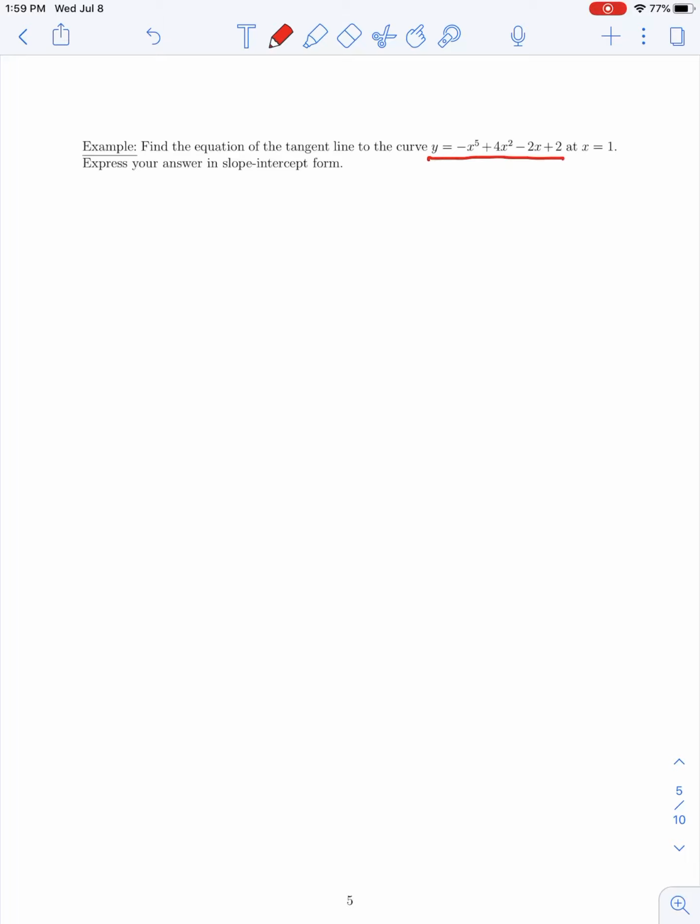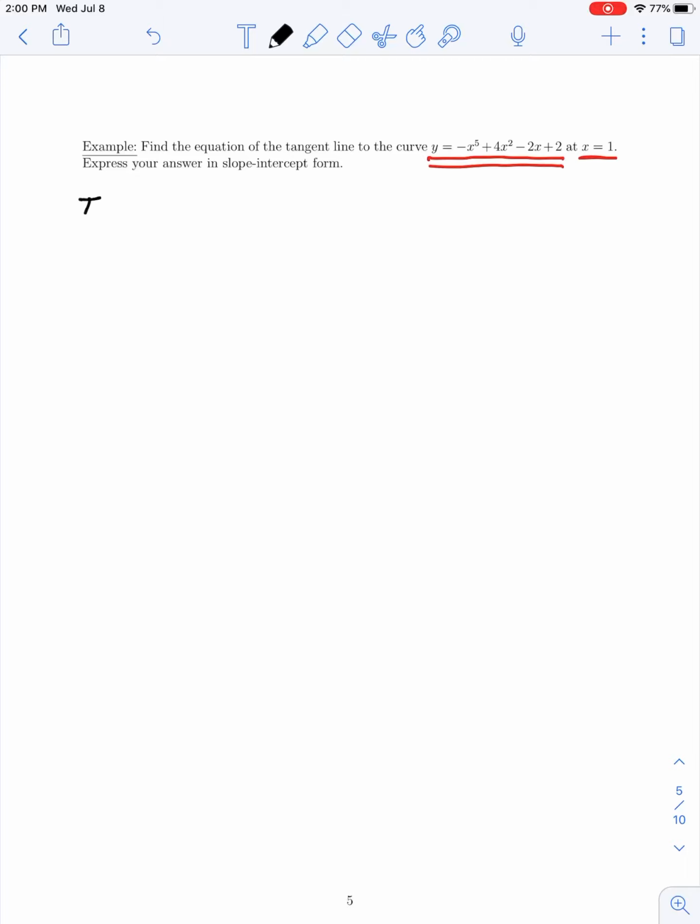So to find the equation of a line, there's two things that we need. The first is a point that lies on our line. Now we're given the x-coordinate for our point here is 1, and to find our y-coordinate, we're going to look at the equation for y in terms of x.